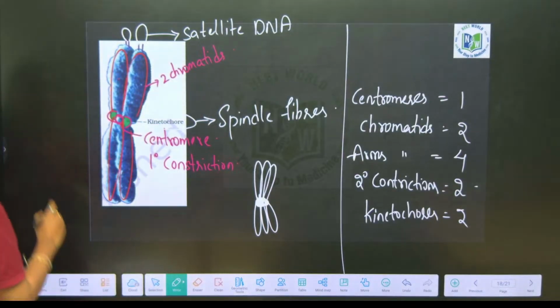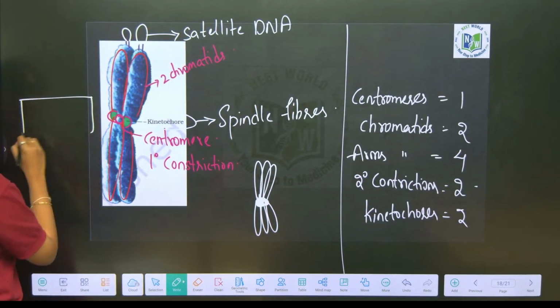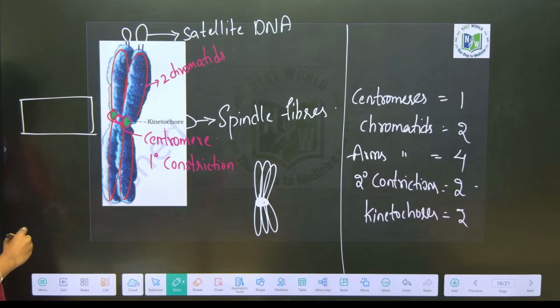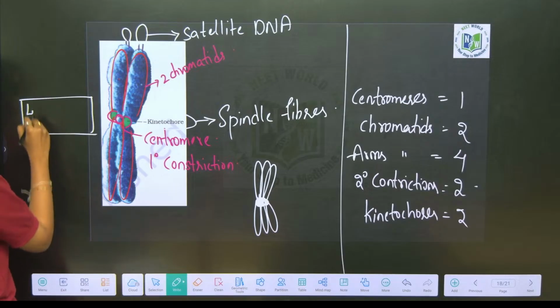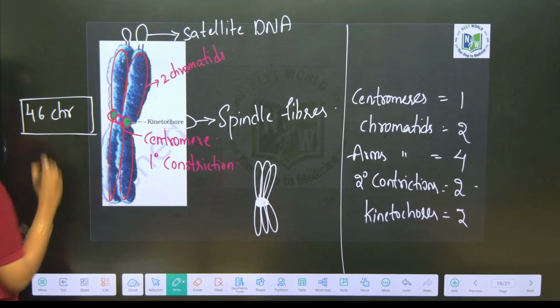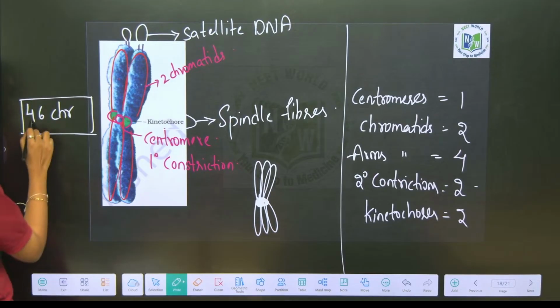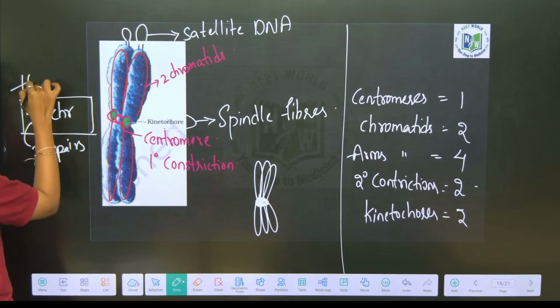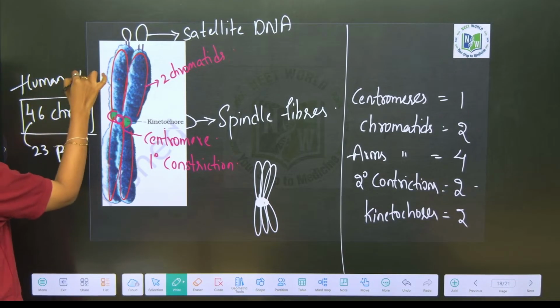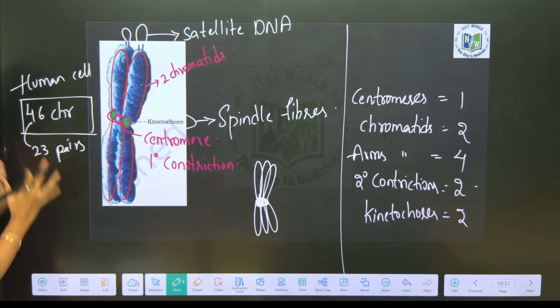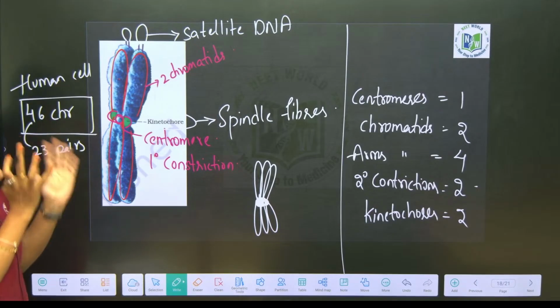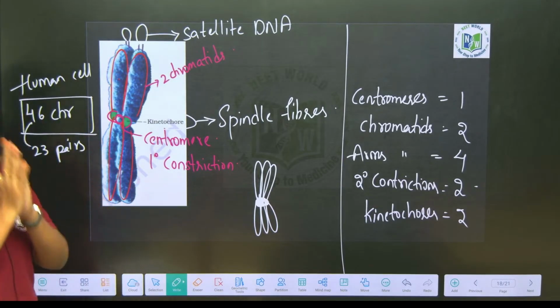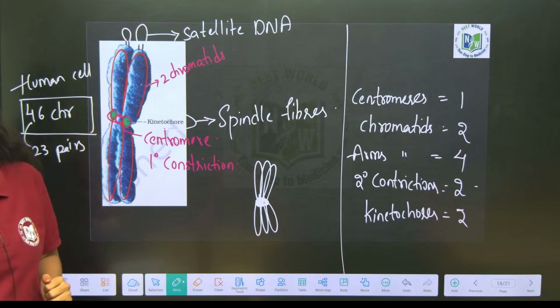See, a human cell is having how many chromosomes? 46 chromosomes. How many pairs? 23 pairs of the chromosomes are present in a human cell. So this is the complete set of the chromosomes.